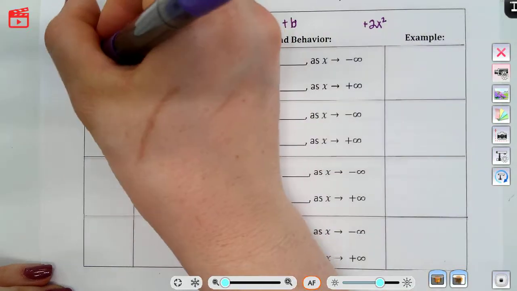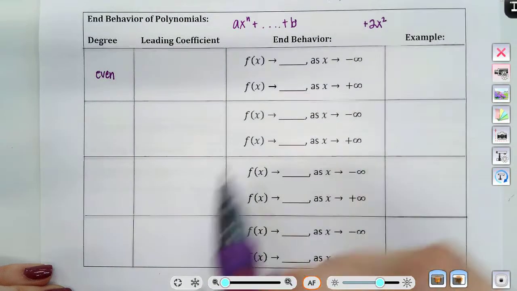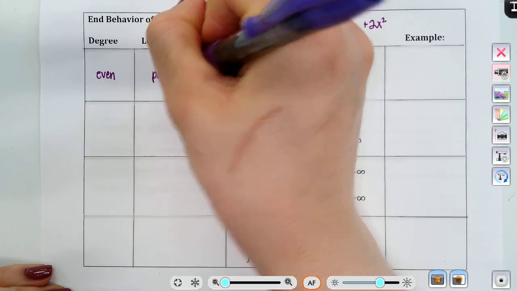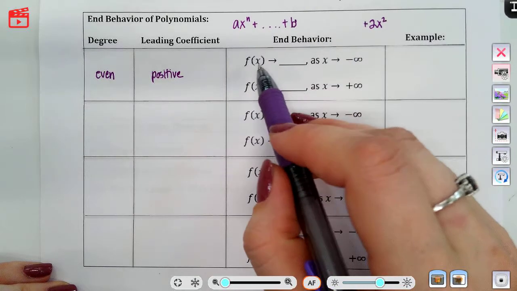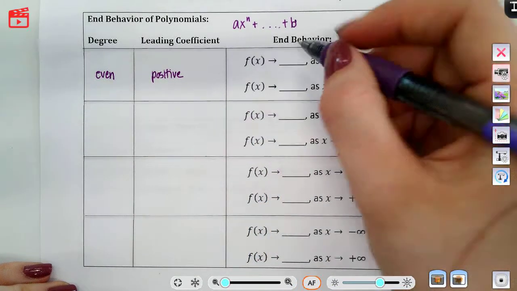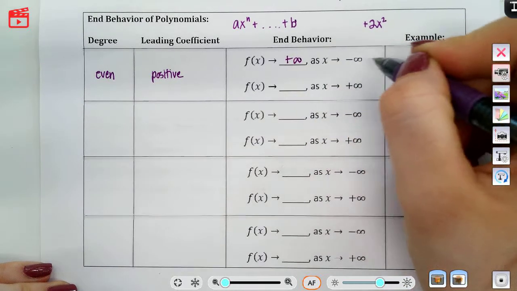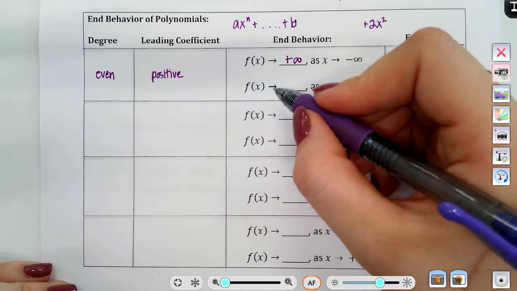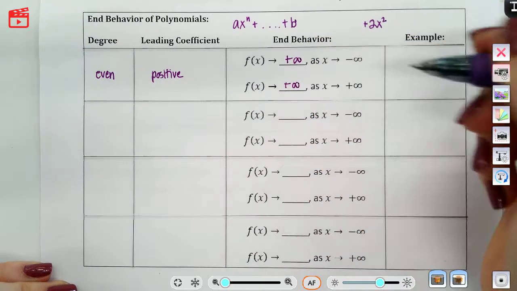First option, we can have an even degree polynomial, like 2, and a leading coefficient that is positive. What happens here is f of x approaches positive infinity as x approaches negative infinity, and f of x approaches positive infinity again as x approaches positive infinity.